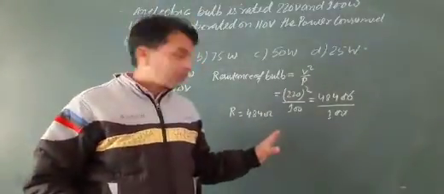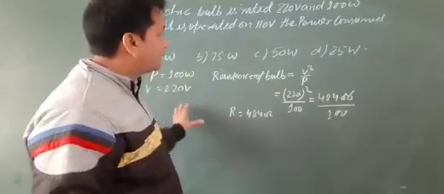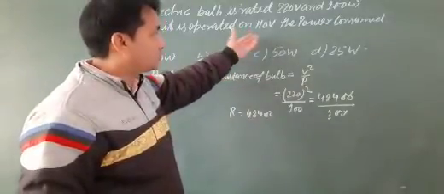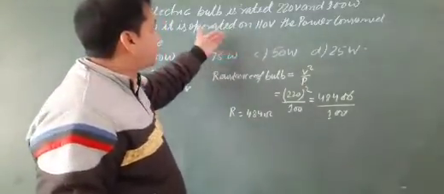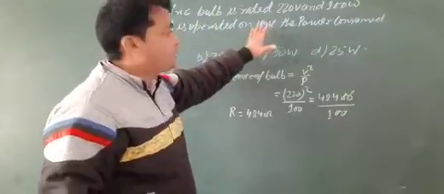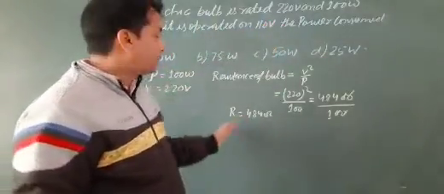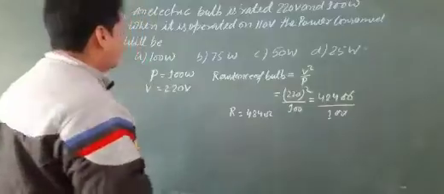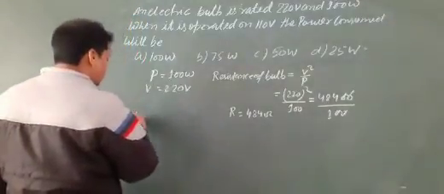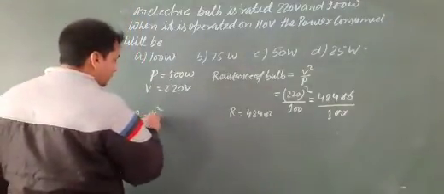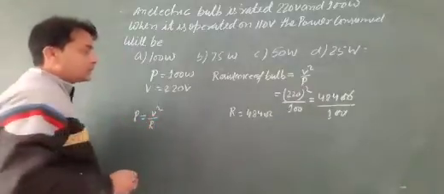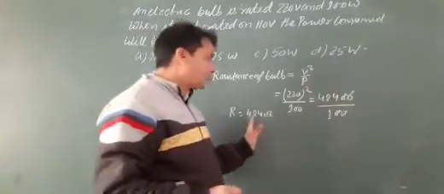So the potential difference will change in this question. In place of 220 volt it is 110 volt. Then power P equal to V square by R, and the resistance of the bulb is 484.